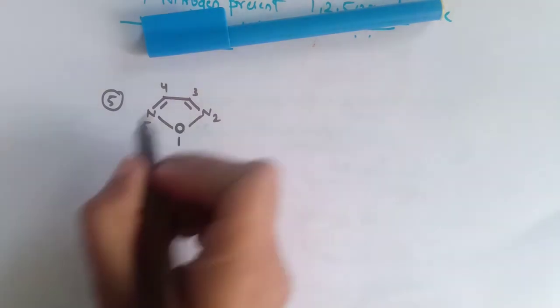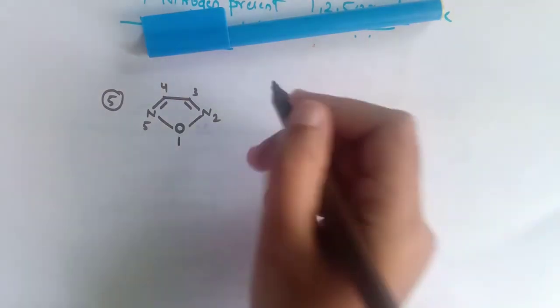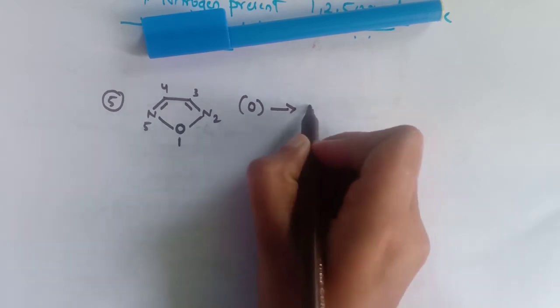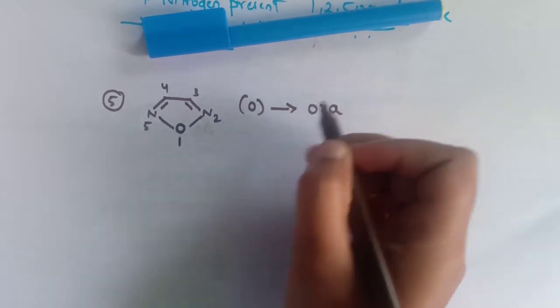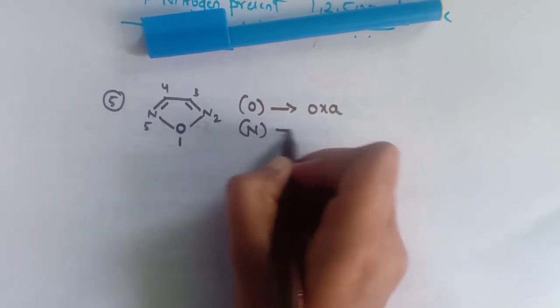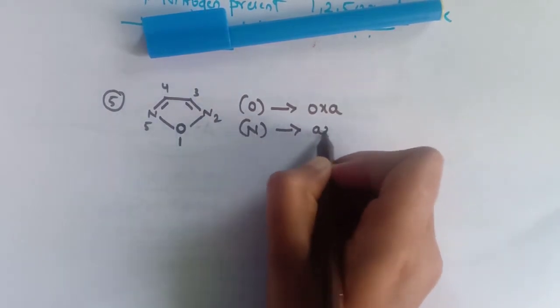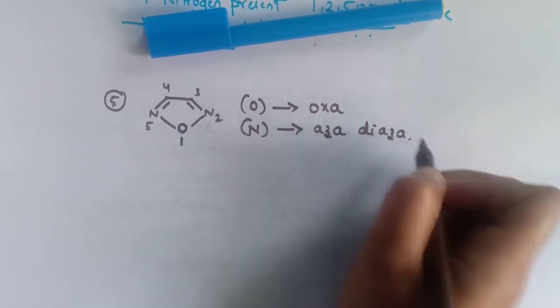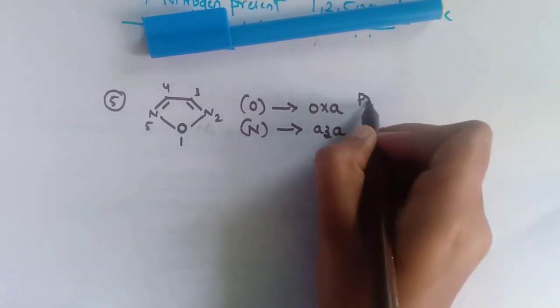Now here the ring contains oxygen, so the prefix oxa is used, and there are 2 nitrogens present, so aza becomes diaza. These are the prefixes.